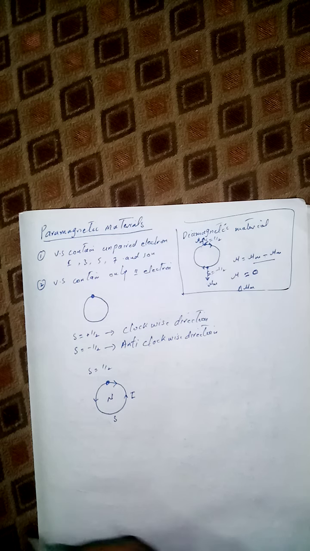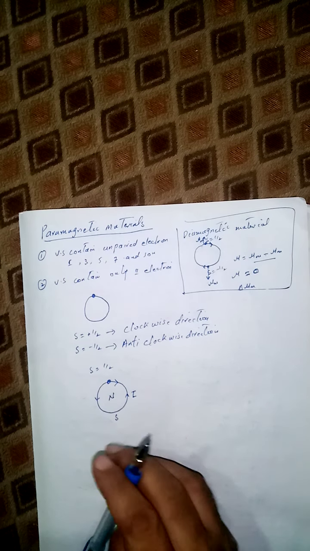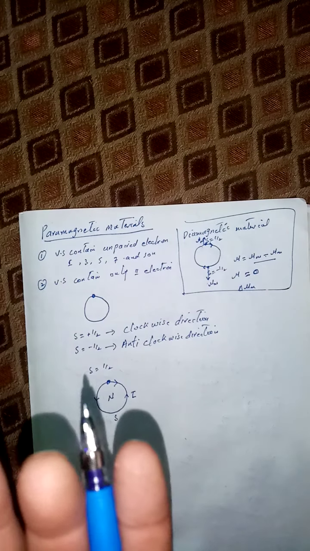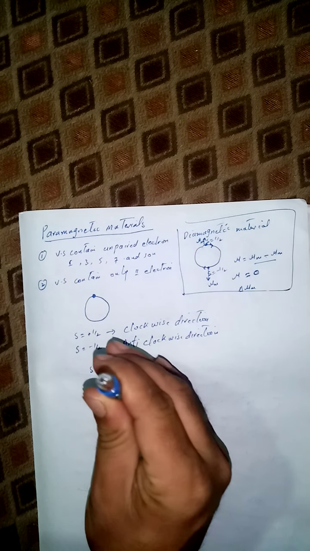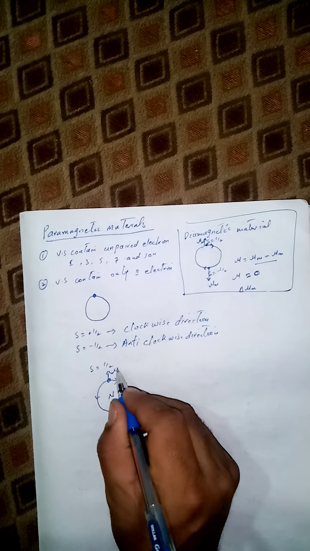The magnetic dipole moment direction is from south to north, so it's from bottom to top, like this one. So the direction of the magnetic dipole moment is mu m.